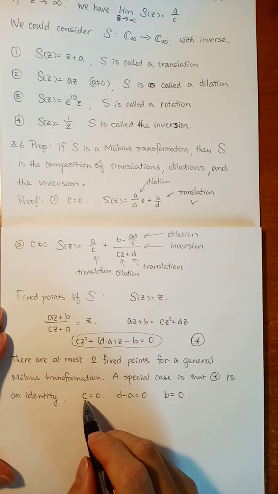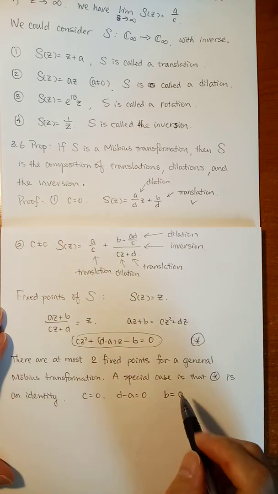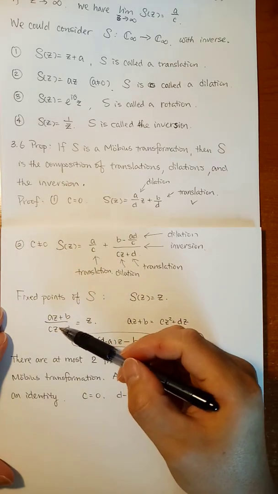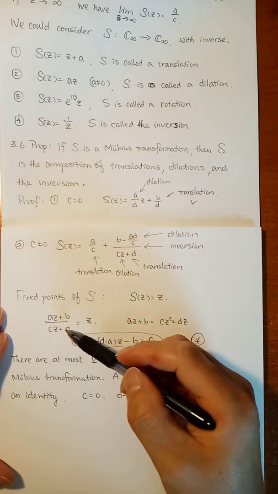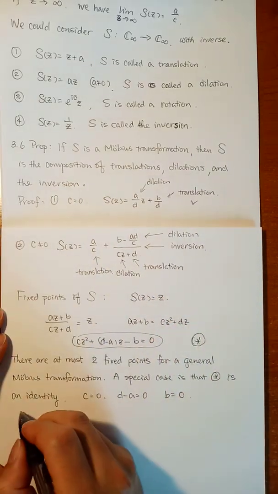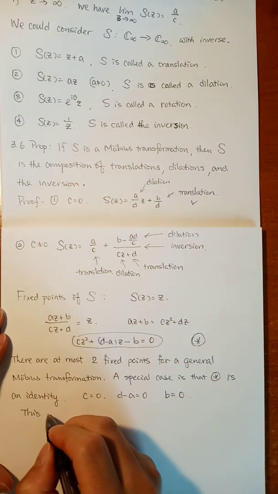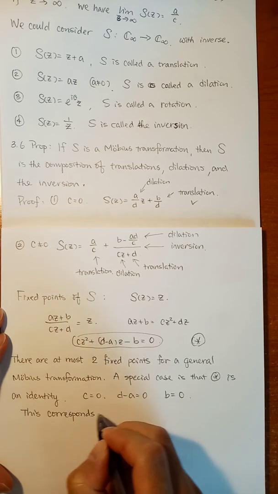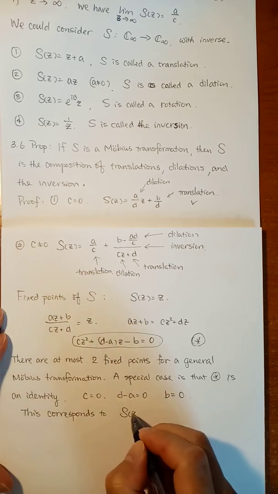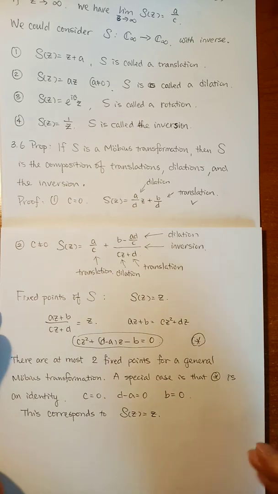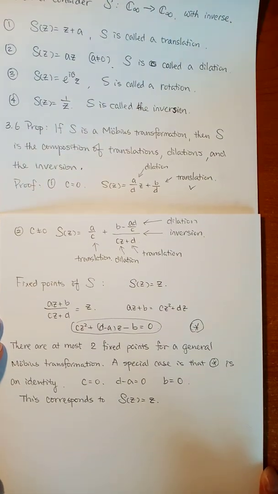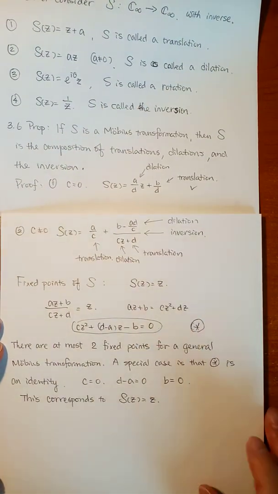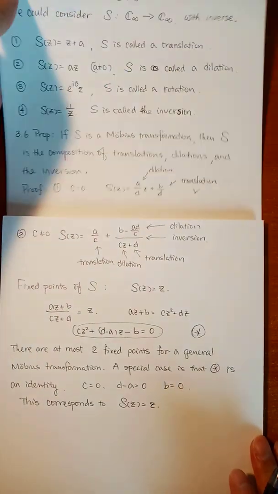So we have C equal to 0, B equal to 0, and A equal to D. This corresponds to S of Z equal to Z. Of course, it has infinitely many fixed points, because this is an identity map.